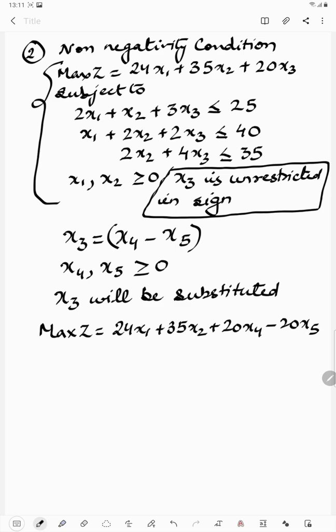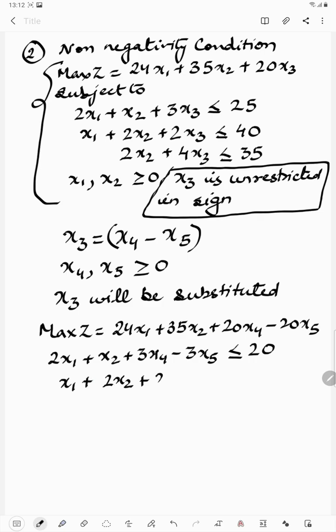Similarly, our constraint equations will also change, and they will become 2x1 plus x2 plus 3x4 minus 3x5, signs will remain the same, less than or equal to 20. Our second equation will become x1 plus 2x2 plus 2x4 minus 2x5, because x3 is substituted.